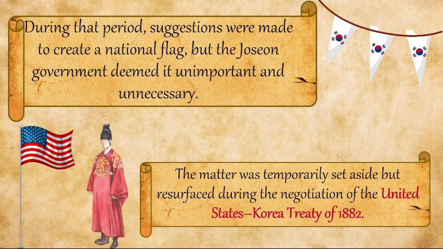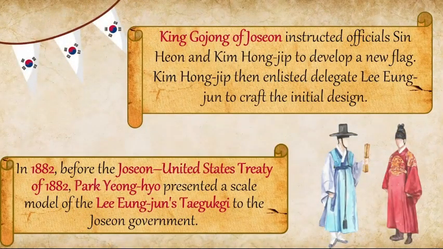But again, it resurfaced during the negotiations of the United States-Korea Treaty of 1882. So after a gap of a few years, this matter again resurfaced. It again came into highlight that there is a need for a national flag in the country.